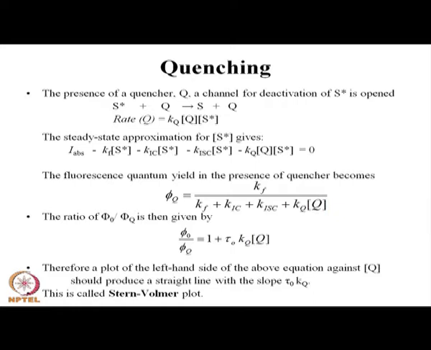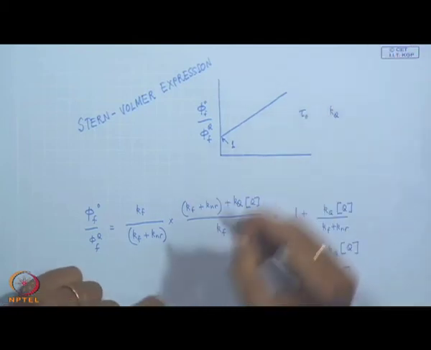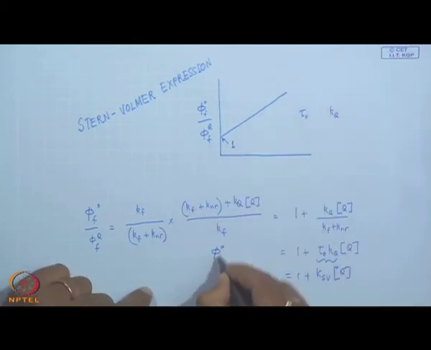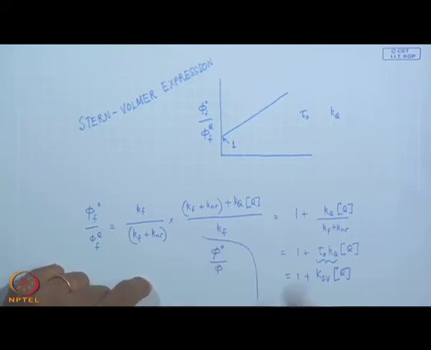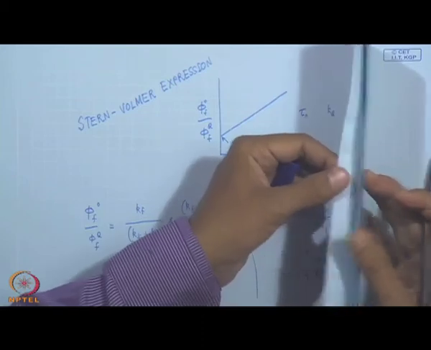or generally in many books you will find just phi 0 by phi. That way you can write phi 0 means in absence of quencher and phi is in presence of quencher.